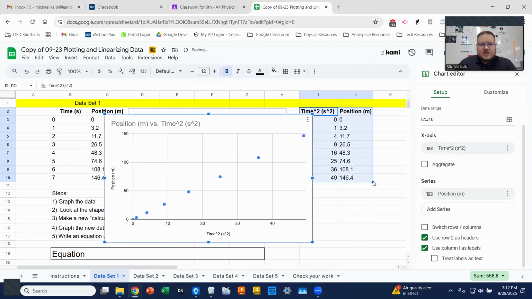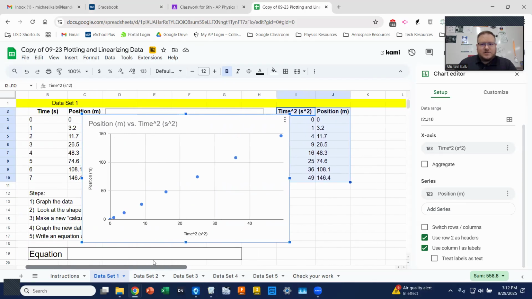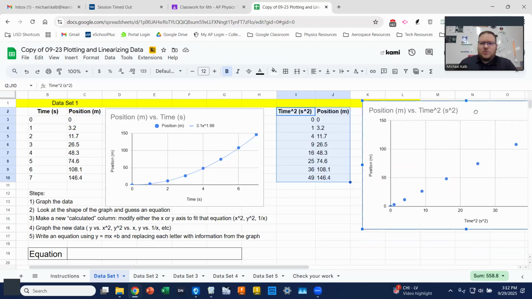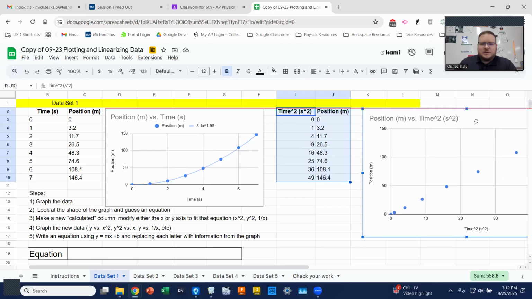Insert chart, and we can see that that graph is linear. Make sure that there's at least one column of spacing between your new tables that you're going to plot with and any previous tables. Otherwise, sometimes it can cause plotting errors and it doesn't know that you're trying to do a y versus x scatter plot.